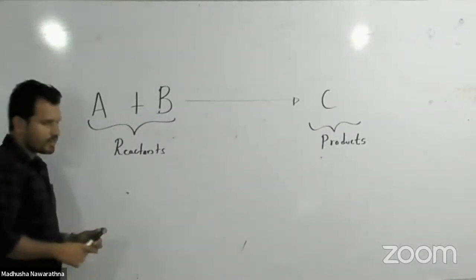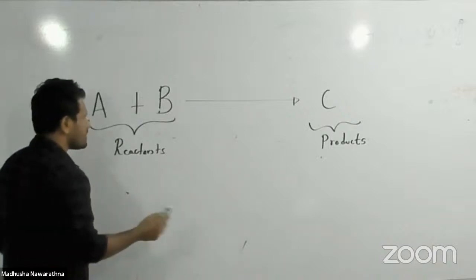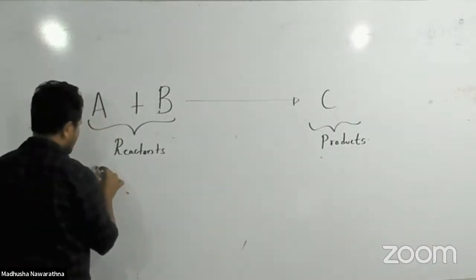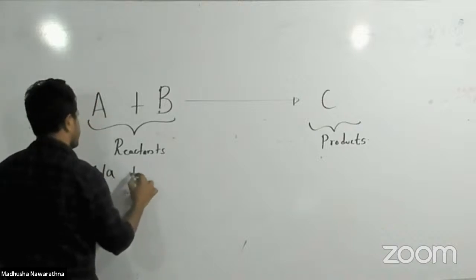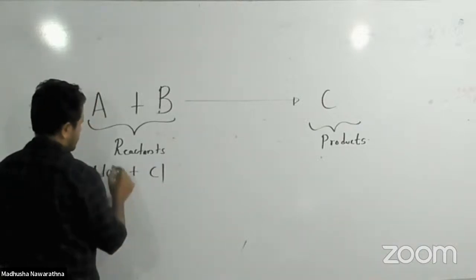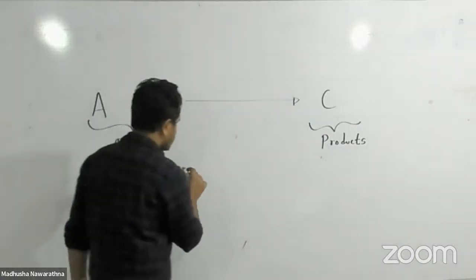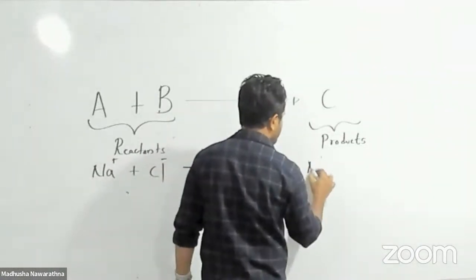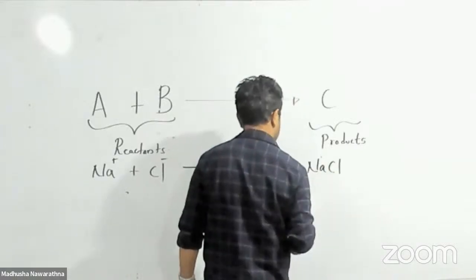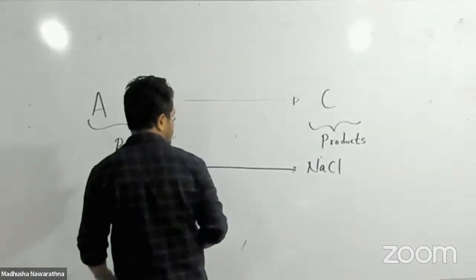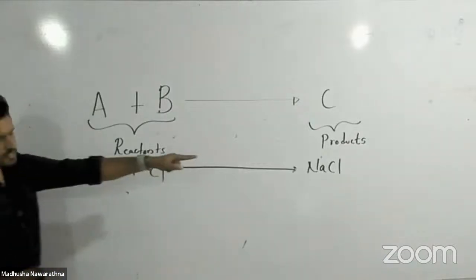Right? Got it? Okay, now a very simple example, sodium plus chlorine, Na plus Cl, this will result in the sodium chloride molecule. That is the product.